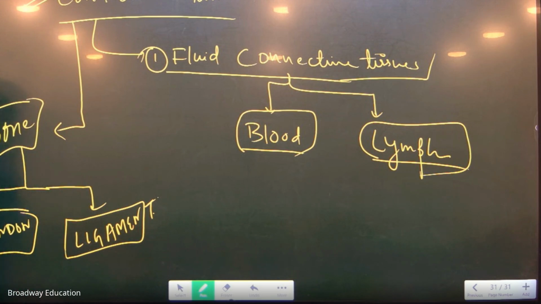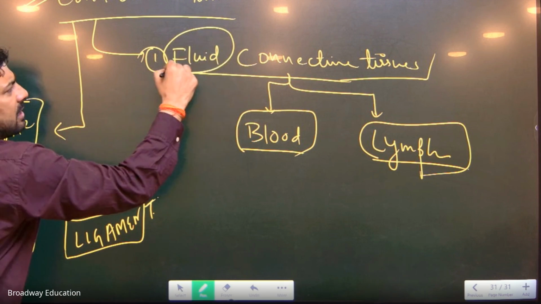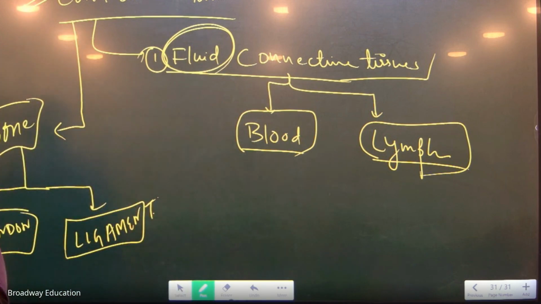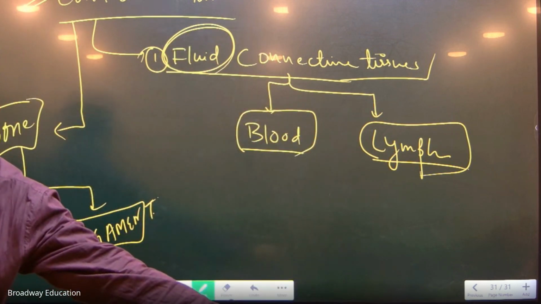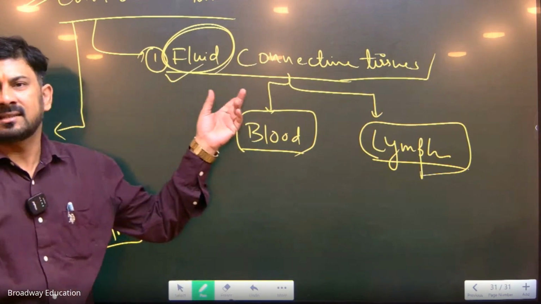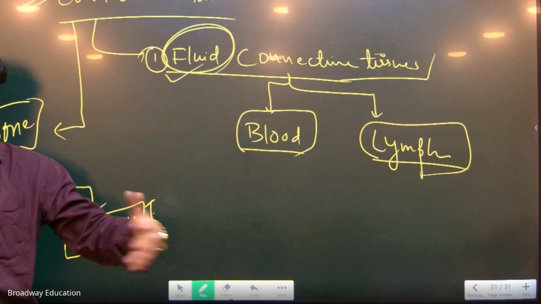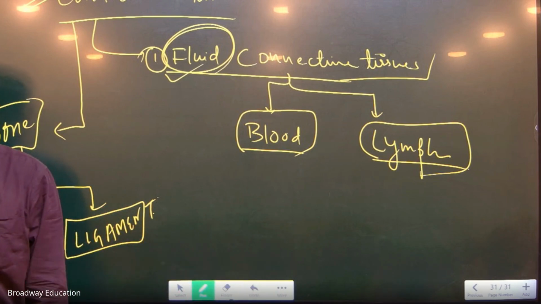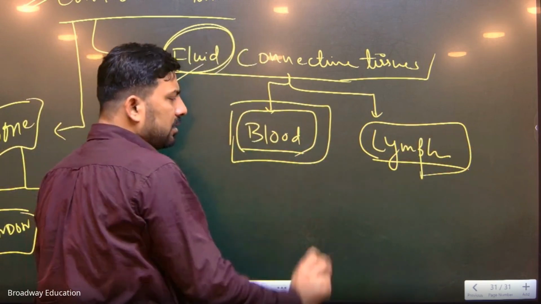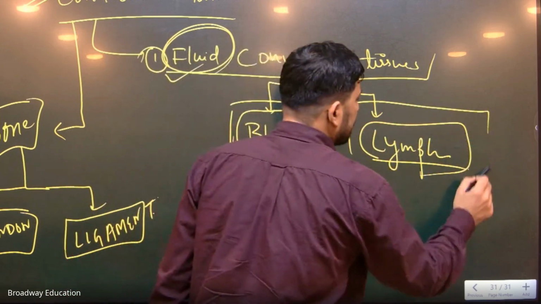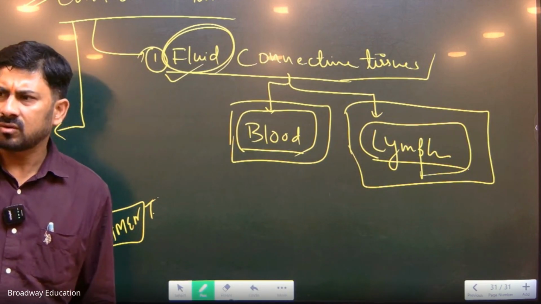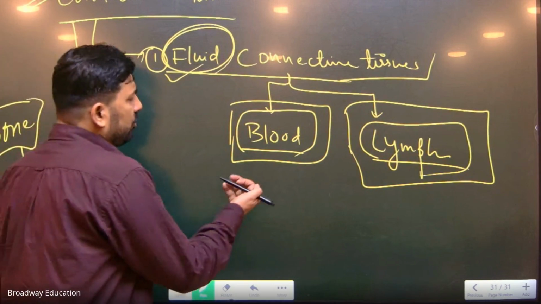So those tissues which are fluid in nature, which can travel and connect from one part to another part, are called the fluid connective tissues. Now here we have two types of fluid connective tissues: one is called blood and the other is called lymph.